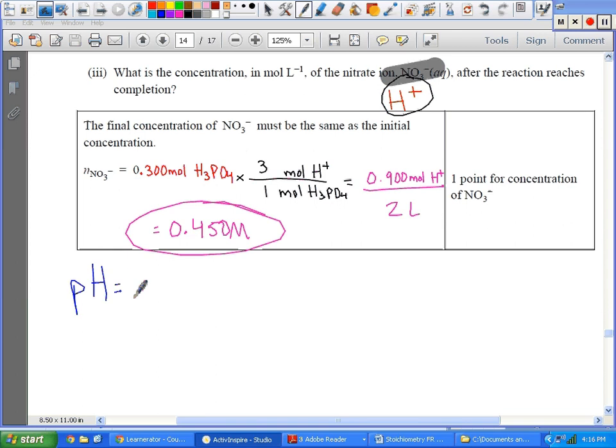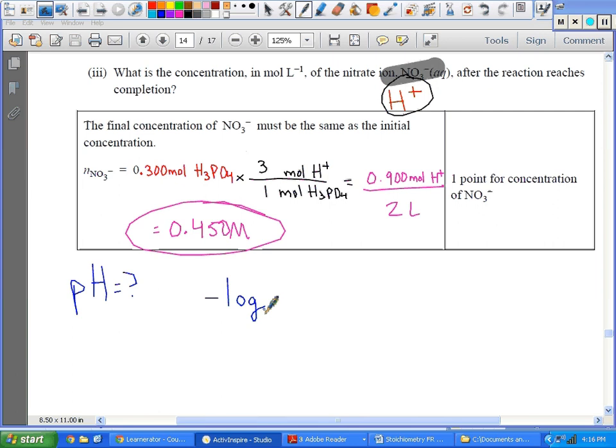Let's see how many of you remember this. Does anybody remember what P stood for? P stands for what? All right, so just stop. Just chill out. Negative log. Please stop. Just watch. It's not difficult. P is negative log.